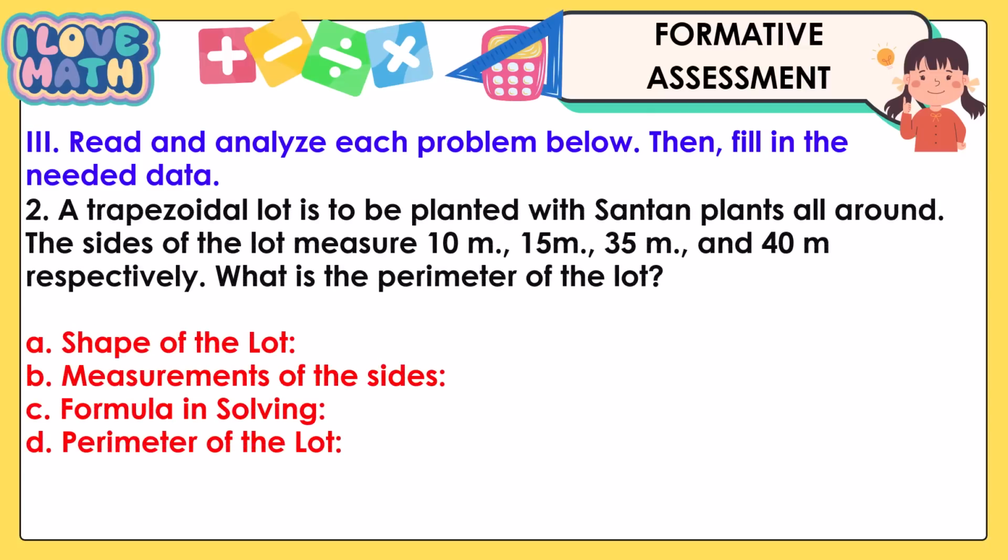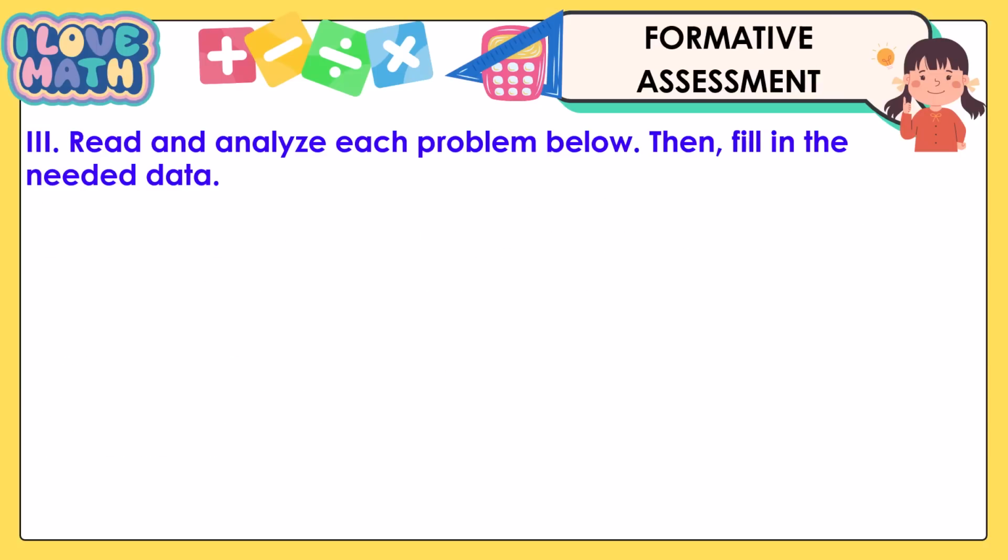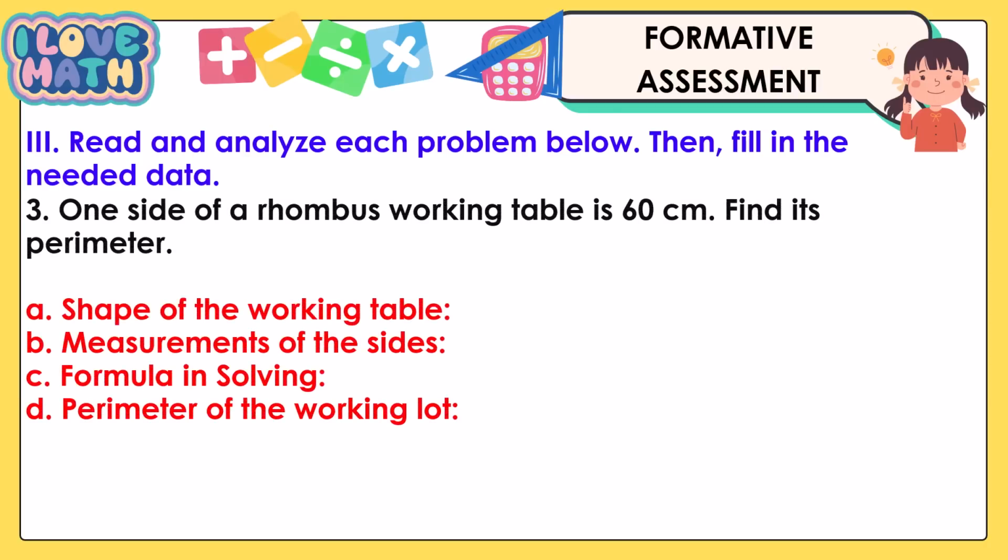Number 2, a trapezoidal lot is to be planted with santan plants all around. The sides of the lot measure 10 meters, 15 meters, 35 meters, and 40 meters respectively. What is the perimeter of the lot? Number 3, one side of a rhombus working table is 60 centimeters. Find its perimeter.